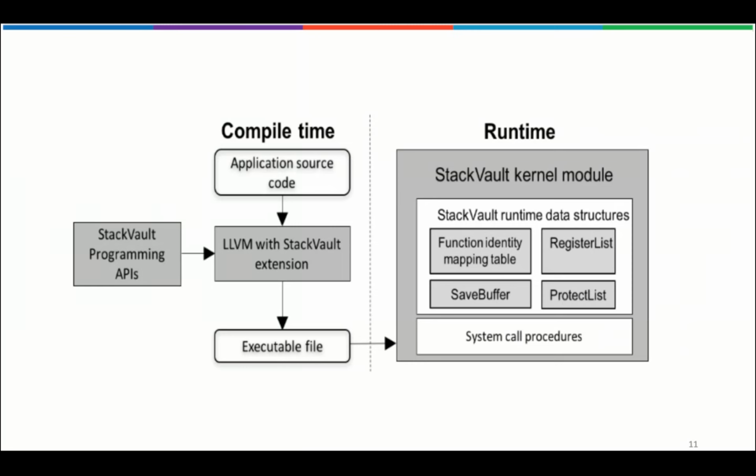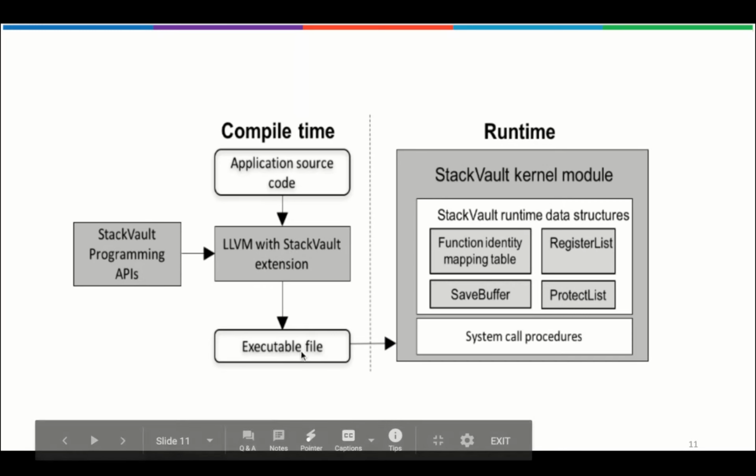We built a prototype, so currently we do manual instrumentation. When the program is compiled with these APIs, LLVM is used to generate the executable file, which contains the StackVault-specific instructions.